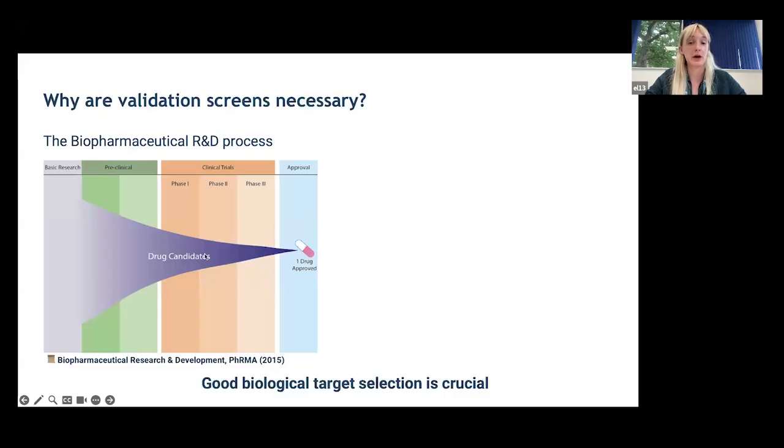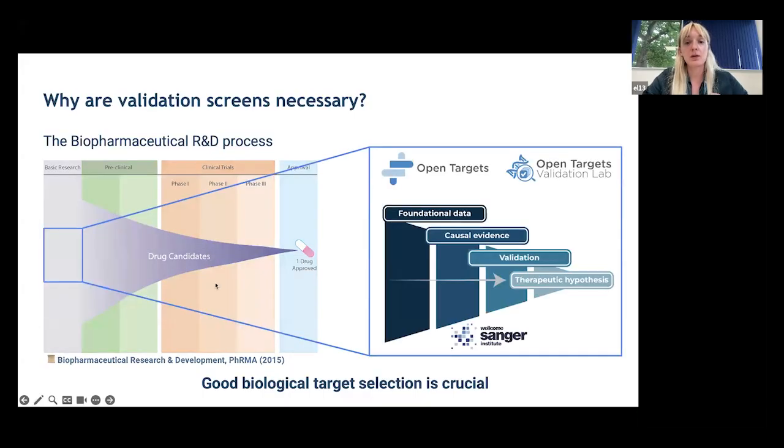And this is primarily driven by a lack of safety or efficacy shown for targets once they reach this stage. And it's clearly crucial that we reduce this attrition rate and ensure that everyone is spending their efforts on the most robust targets that are likely to make it to drug approval. So the aim of what we were doing in Open Targets and what the validation lab aimed to do was to address this issue by generating additional genetic and experimental evidence to ensure that the best targets are brought forward.